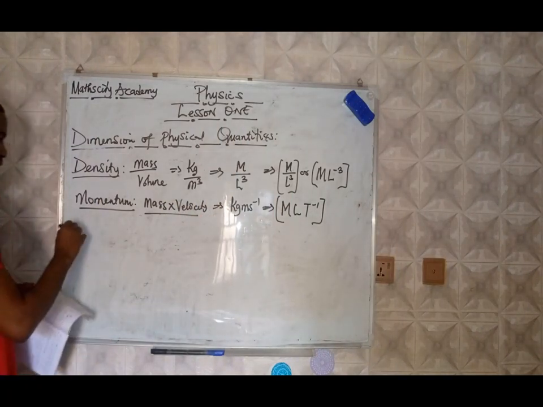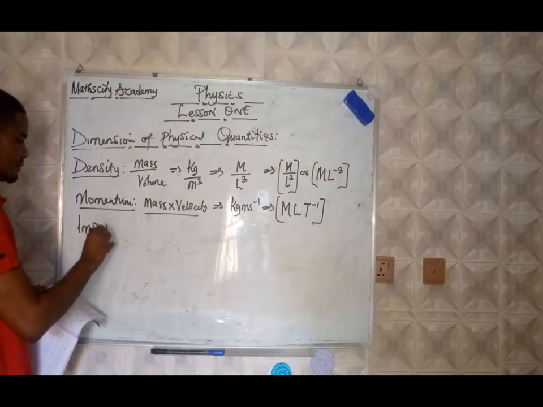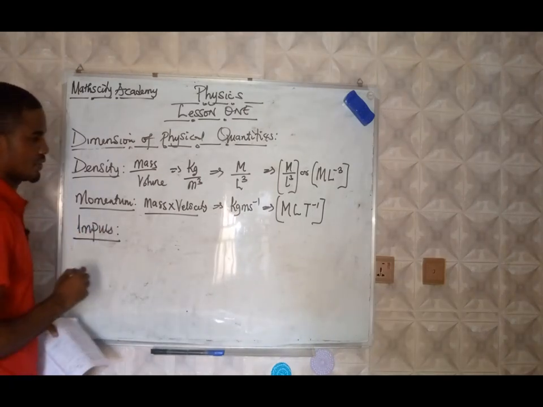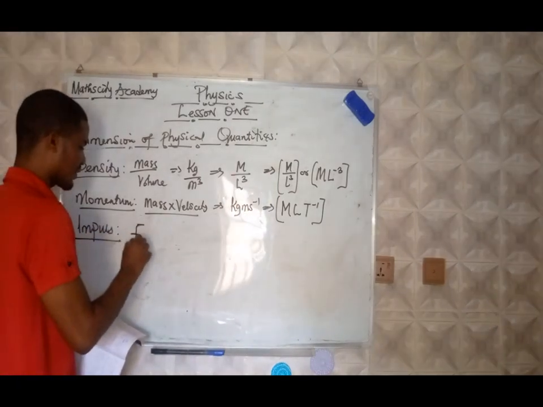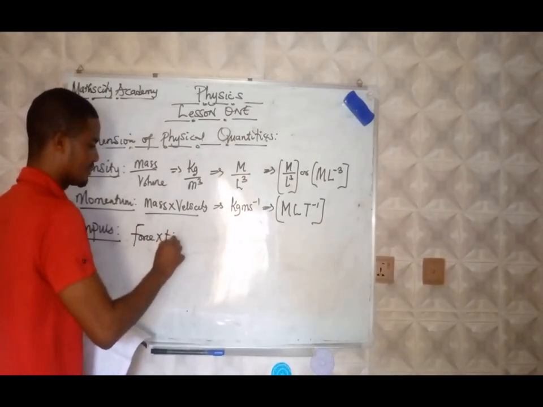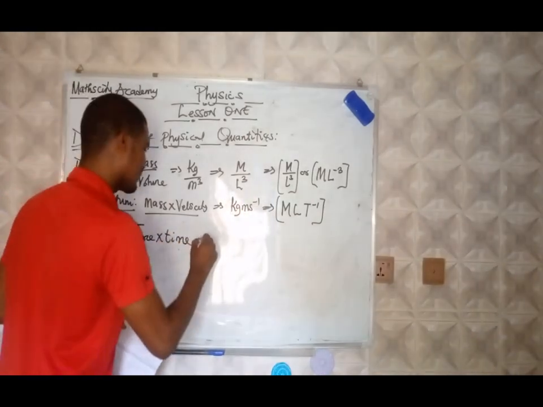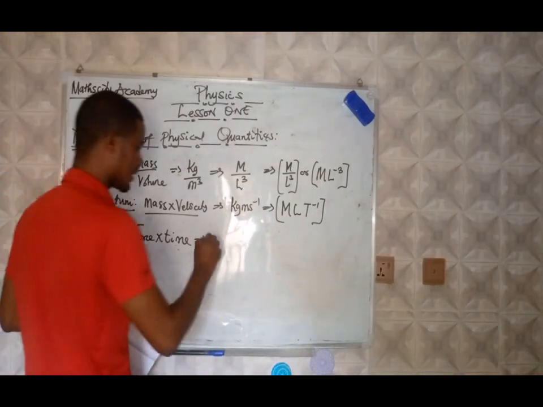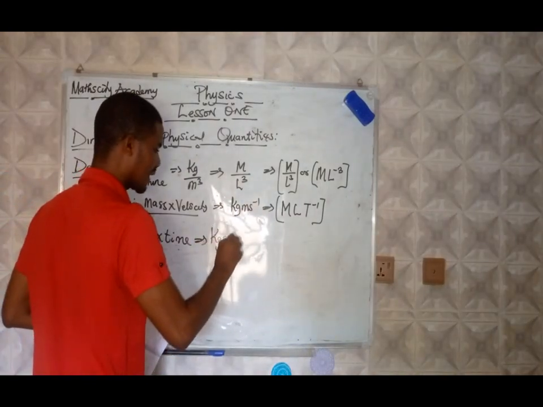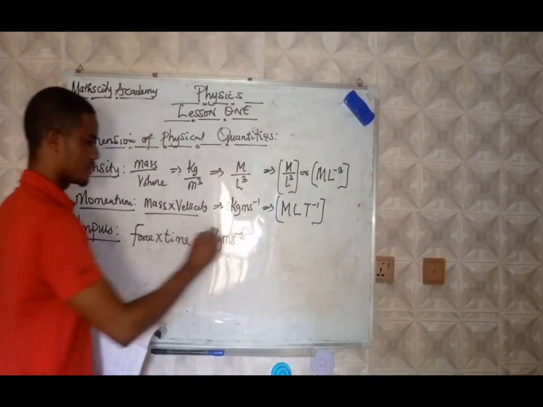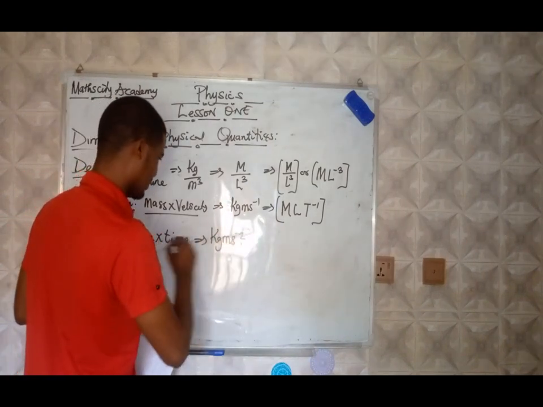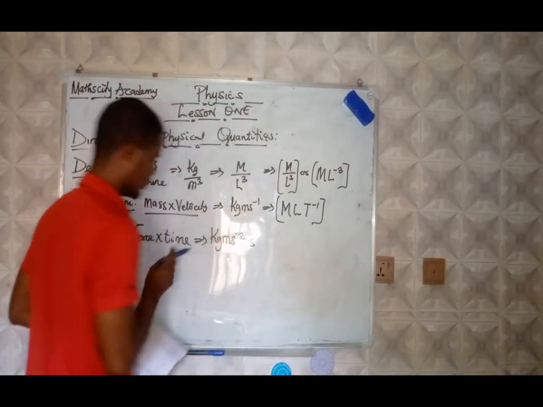What of impulse? Dimension for impulse. Impulse is force times time. And the unit becomes force, kilogram meter per second square, dot seconds.